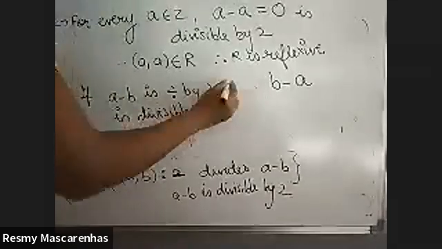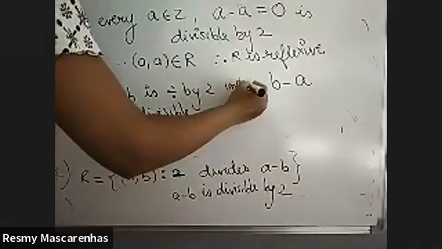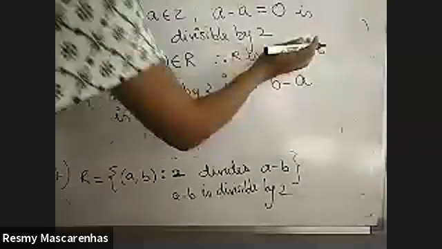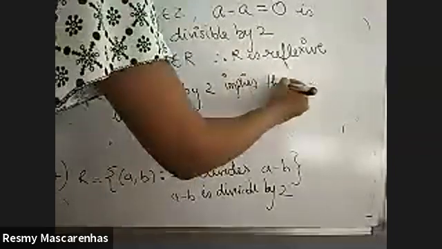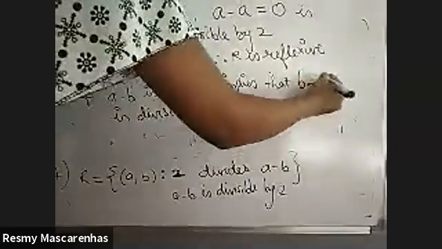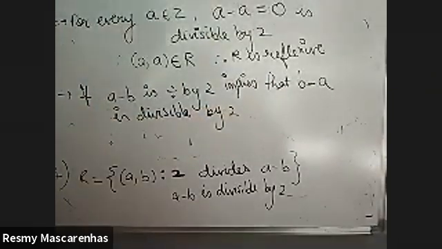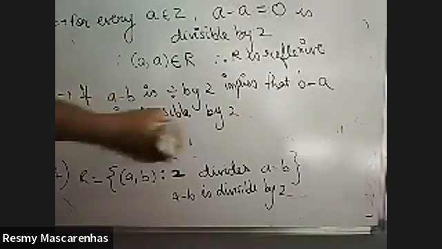Implies that B minus A is divisible by 2. Correct, no? Just give it a try.